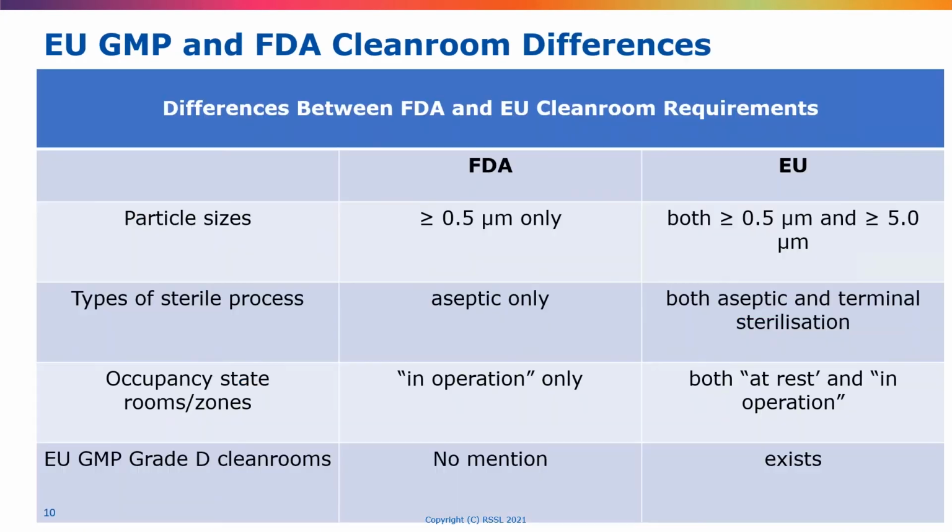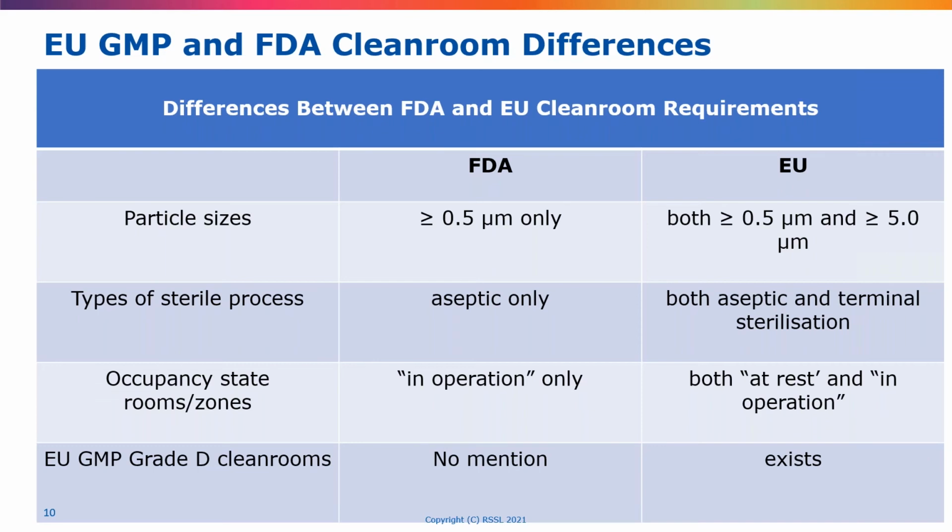So based on those considerations, we can see that there are some slight variants now between what EU GMP is specifying through Annex 1 and what remains in the older FDA guidance on aseptic processing. So we still have the division on particle size cutoff values.